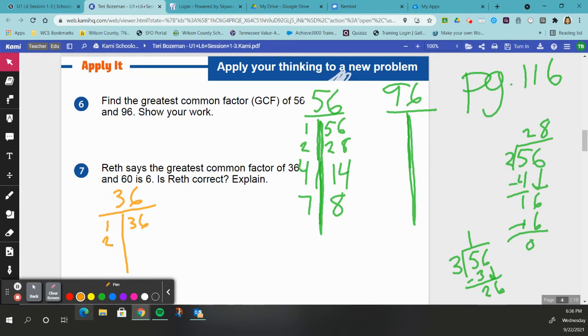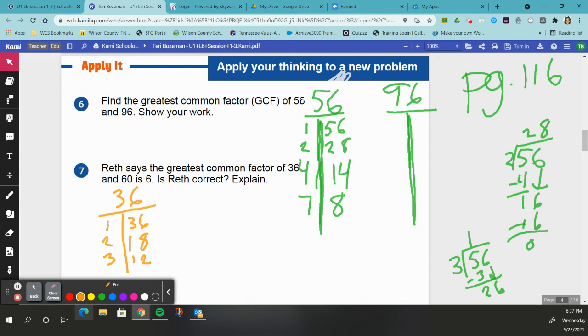If we're finding 2 times what is going to give you 36, then we could come over to the side and divide, and that would be 18. 3 is a factor of 36 as well. 3 times 12 would give you 36.